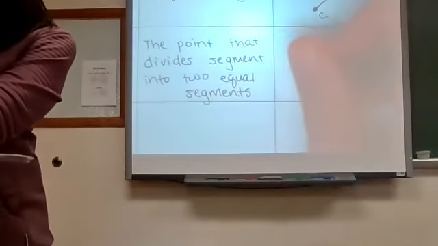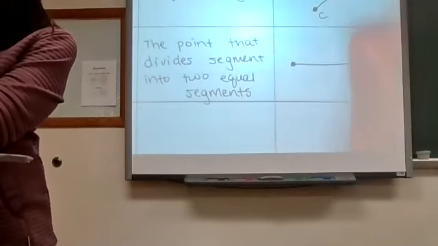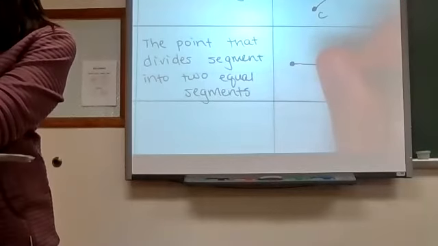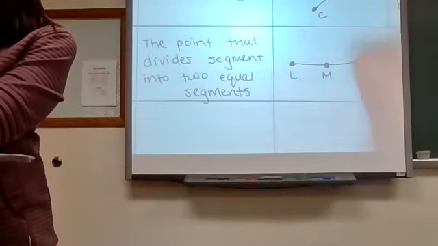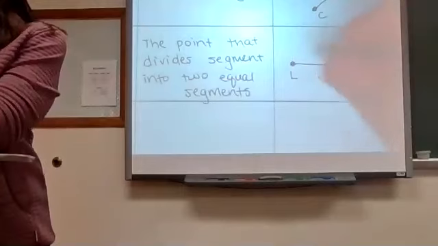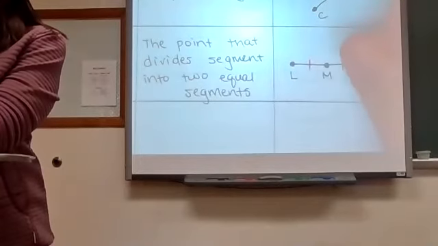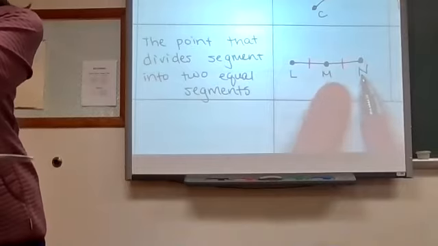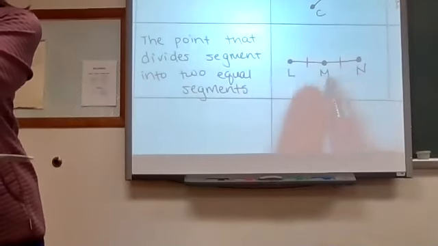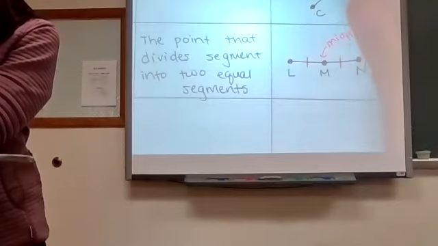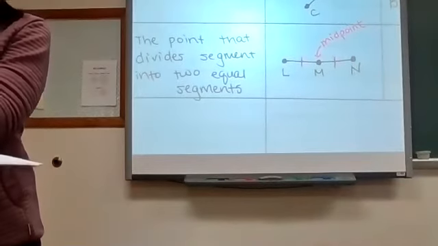So drawing a visual of that, we have a segment, and in the middle, I'm going to call this L, M, N, label my points, and I can mark with tick marks that LM is equal in length to MN, that it cut it into two equal parts because M is the midpoint.